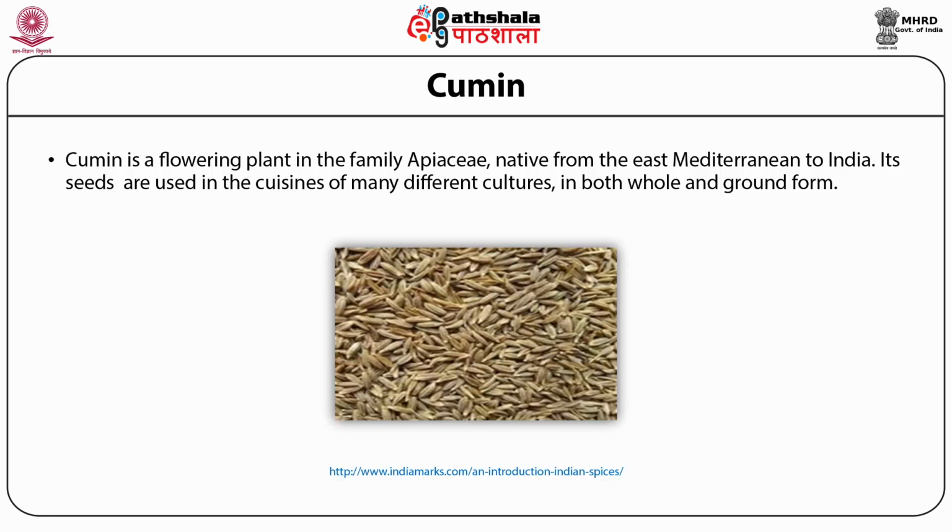Cumin, Cuminum cyminum, belonging to family Apiaceae, is an annual only 6 feet high, known as zira in Hindi, native to the Mediterranean, North Africa and southwestern Asia, cultivated in India, Turkey, North Africa and China.